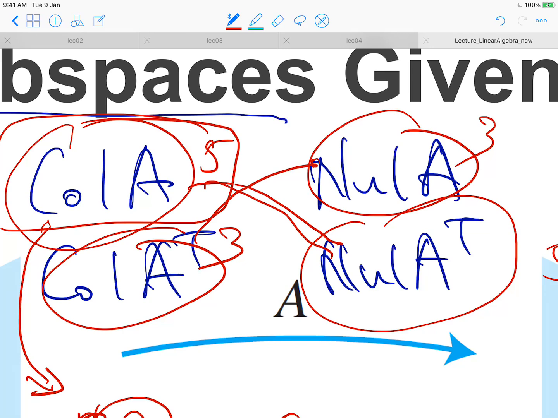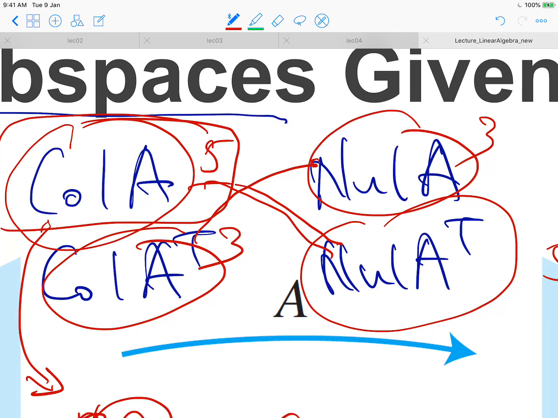Any vector from here and any vector from there are orthogonal, so we call it not just a complement but an orthogonal complement. But what about the basis within each of these 2 spaces?